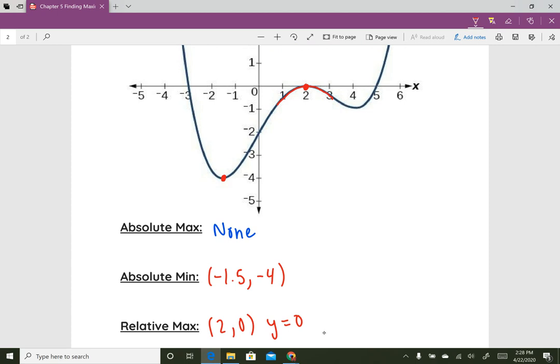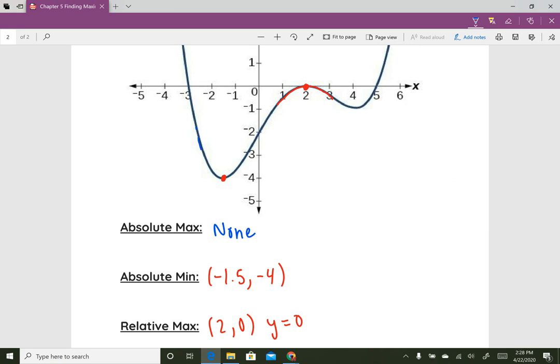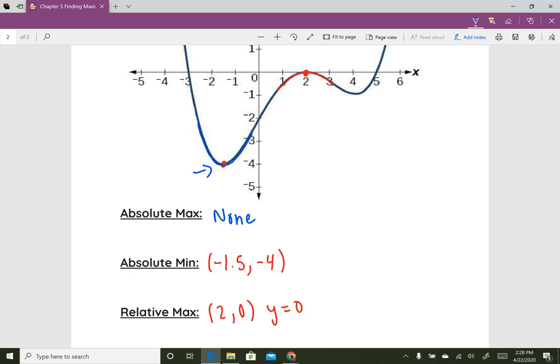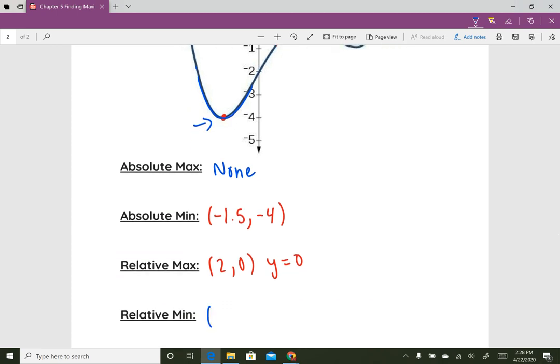Well, that's anywhere where my graph goes from decreasing to increasing, which is this point right here. So not only is this my absolute minimum, it's also my relative minimum. They can be both. They can share, right? Because it's the lowest point of the graph, but it's also a place on the graph where it goes from decreasing to increasing. So we get negative 1.5, negative 4, or y equals negative 4.